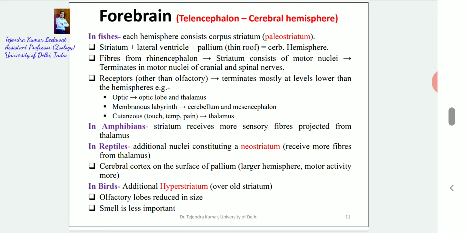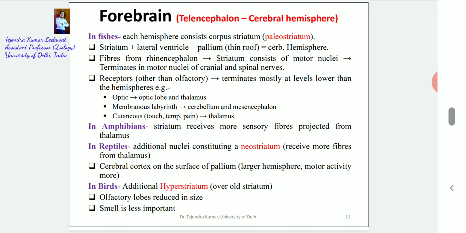One point I want to discuss here is that smell is more important for the lower vertebrates, whereas in our case it is not so important. Although we sense smell, it is not as much as Pisces or amphibians or other animals can. Their sense capacity is comparatively much higher than ours.